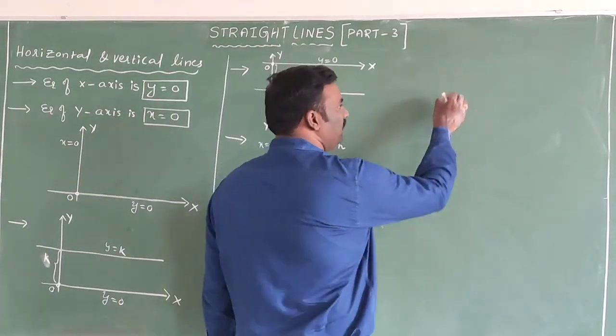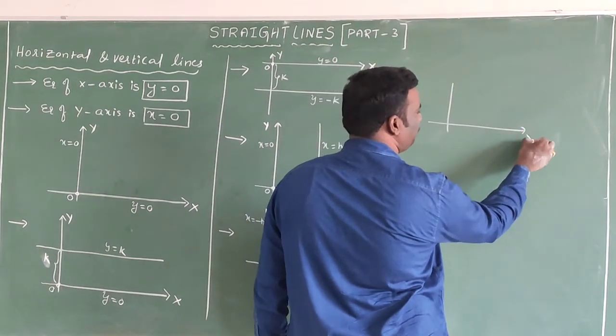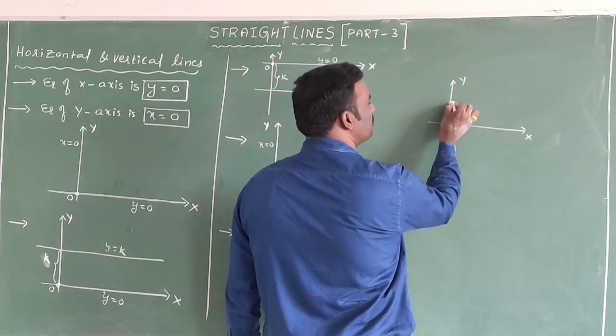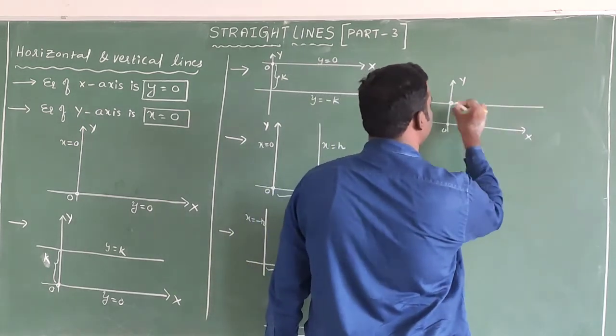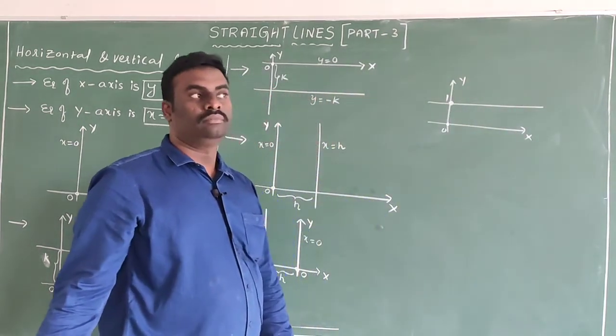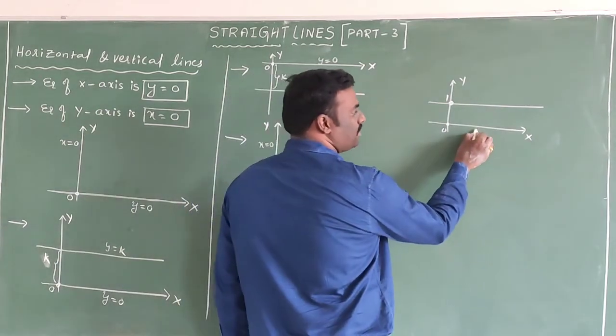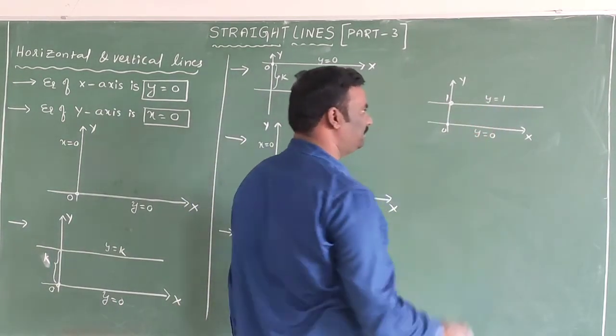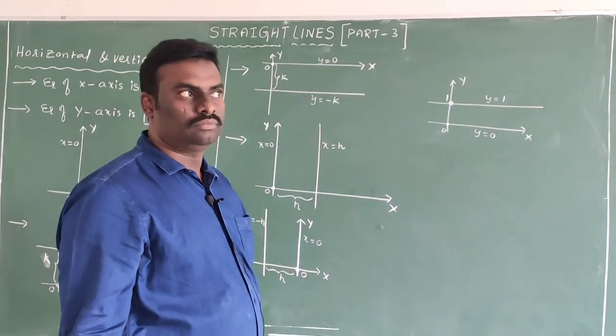Okay. For example, if you take a straight line like this, it passes through 1. X axis equation is what? Y is equal to 0. So this is y is equal to 1. Okay.